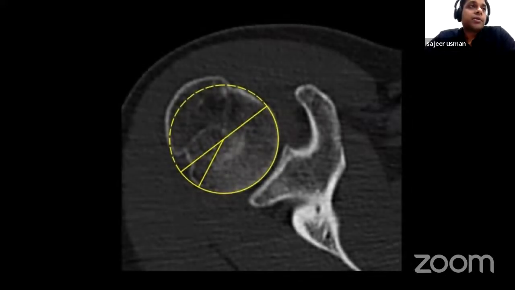But the easiest method of understanding whether the Hill-Sachs is big or small is just direct measurement of the Hill-Sachs. But I like using the circle method, as on the glenoid. You can use a circle method on the humeral head as well. And if it is covering more than 30%, that is, if it is taking off more than 2 portions of an 8 slice circle, then you know that there's a significantly large Hill-Sachs.